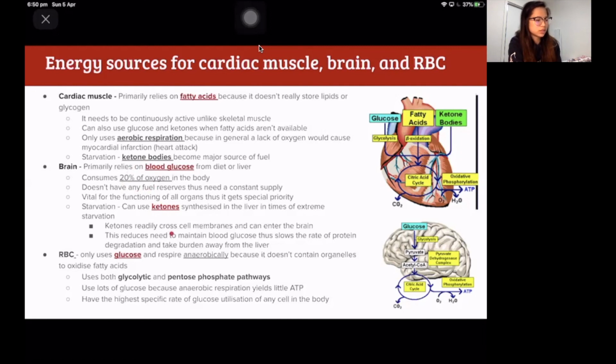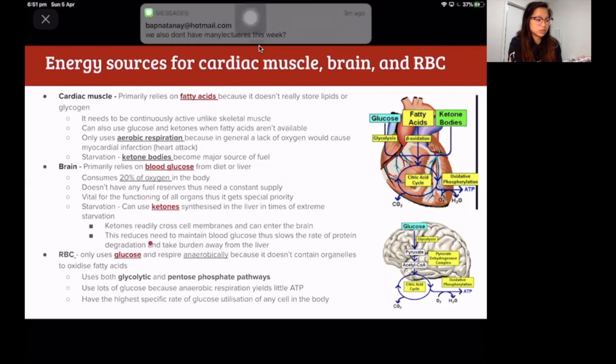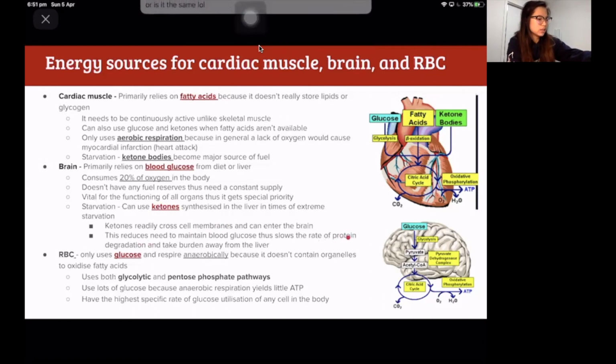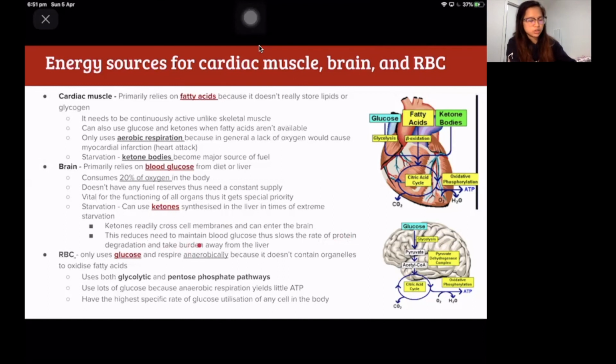So ketones can cross cell membranes, they can enter the brain. And for both cases, in the heart and the brain, being able to use ketones means it takes burden away from the liver to have to degrade proteins and use them in gluconeogenesis.